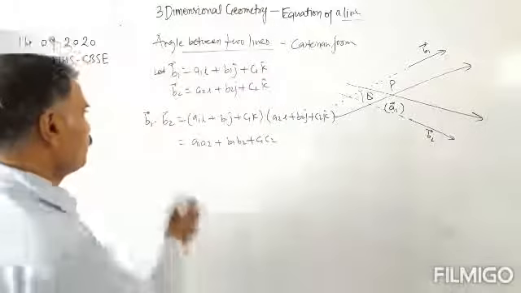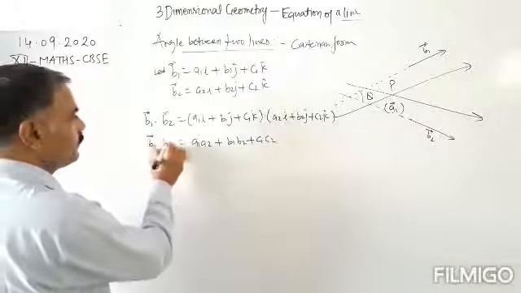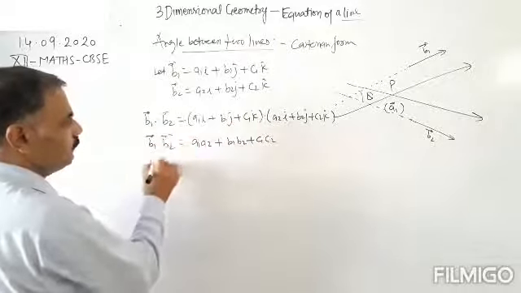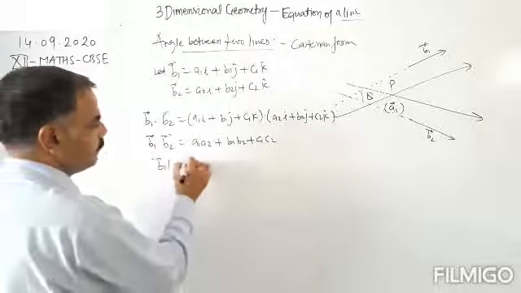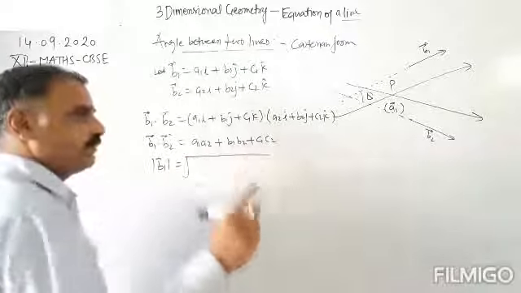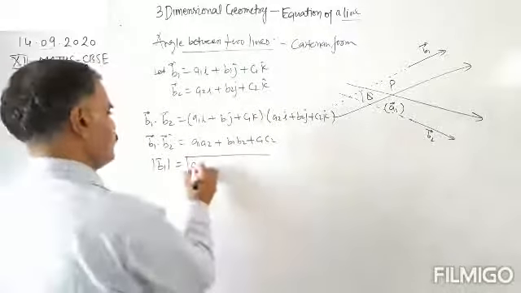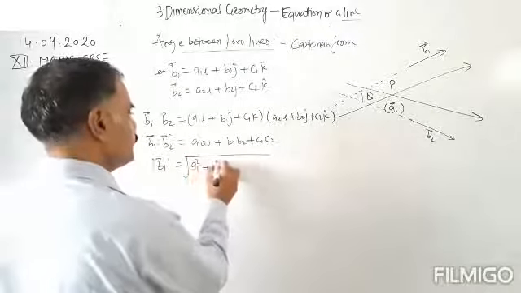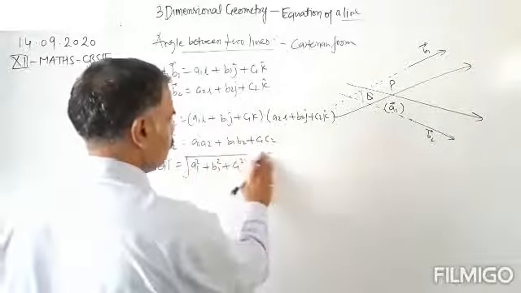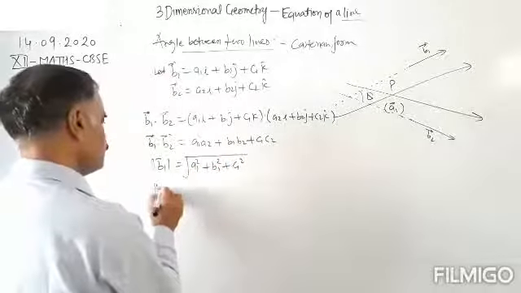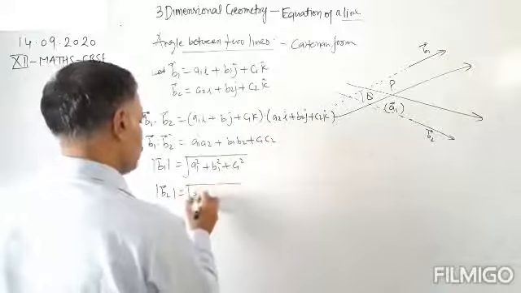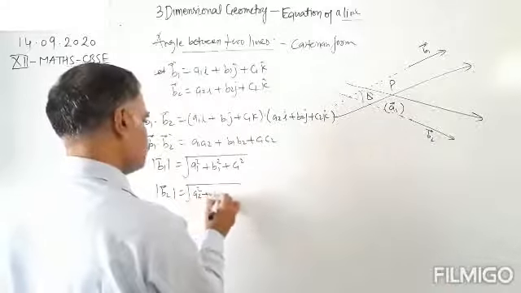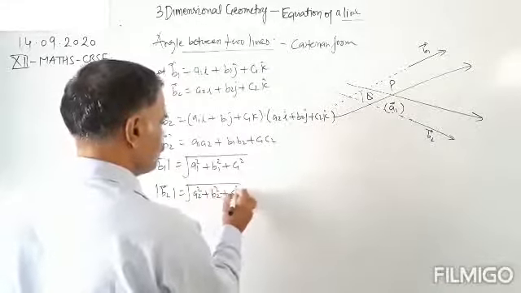So b1 vector dot b2 vector equals this, and the magnitude of b1 vector is equal to under root of the sum of squares of components, means A1 square plus B1 square plus C1 square, and the magnitude of b2 vector is equal to under root A2 square plus B2 square plus C2 square.